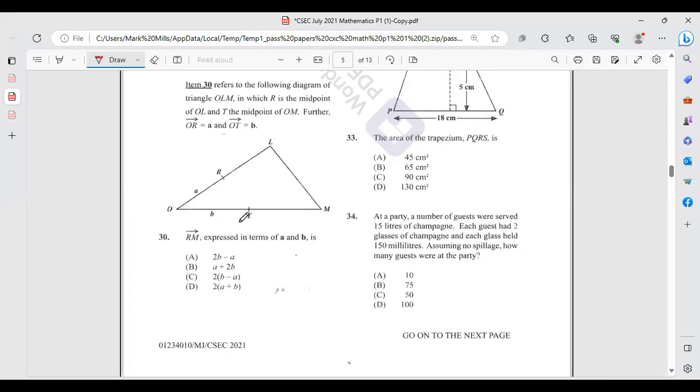The question asks you to find RM, from R to M. Remember they say T is the midpoint, so if here is B, here is also B. Because R is also the midpoint, here should also be A. For OR, the arrow goes from O to R and O to T. I want to find RM. RM will be equal to RO plus OM.